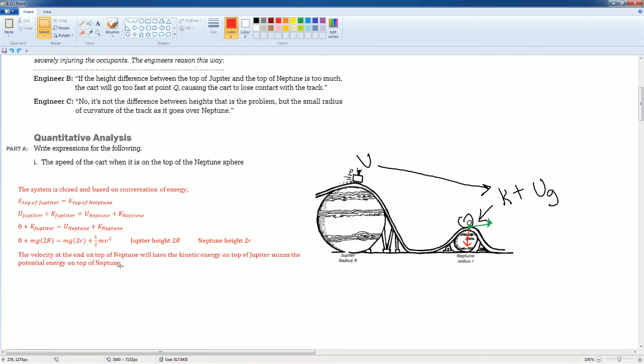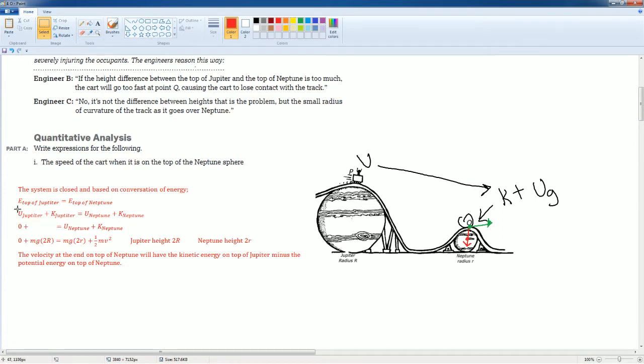Notice that the velocity at the top of Neptune will have the kinetic energy on top of Jupiter minus the potential energy on top of Neptune. All right, so that is not correct. This is wrong.